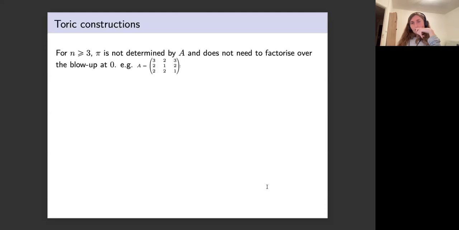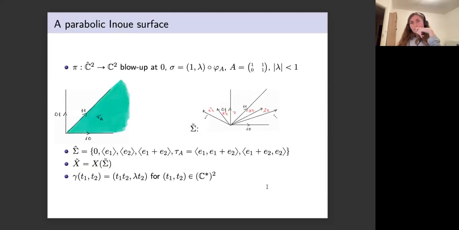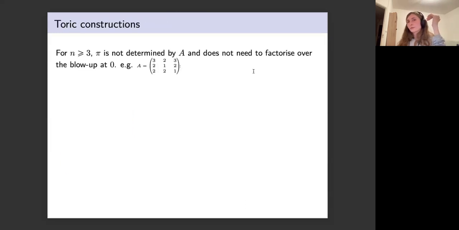So then another remark is that, in dimension 2, as I said, if you want minimal things, it's basically enough to know this lambda that you chose in your torus and this matrix. This is rather combinatorial information, and this will just give you the full surface, but this is no longer true in dimension 3 or bigger. So just knowing the matrix, you don't know everything.